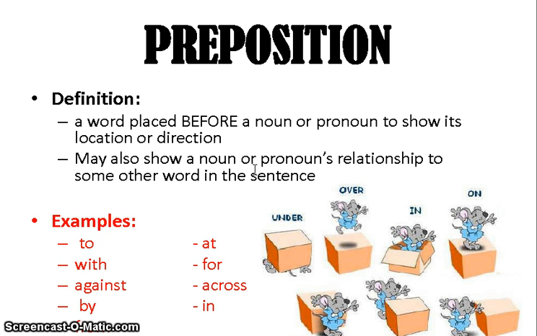Now, the next part of speech is preposition. A word placed before a noun or pronoun to show its location or direction, it may also show a noun or pronoun's relationship to some other word in the sentence. Examples are to, with, against, by, from, for, across, in.